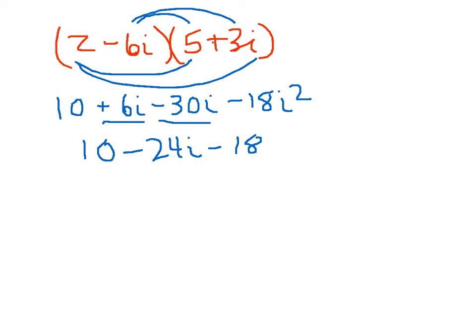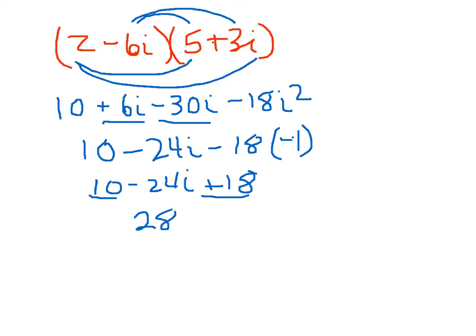But we know i squared is just negative 1. So this will become 10 minus 24i plus 18. We can combine the 10 and the 18. This will be 28 minus 24i. When you multiply two complex numbers, you will get a complex number.